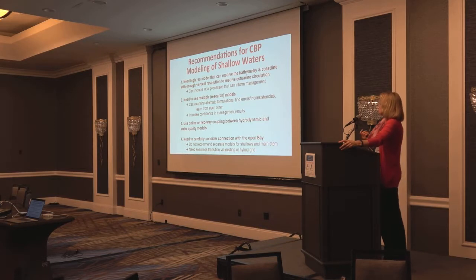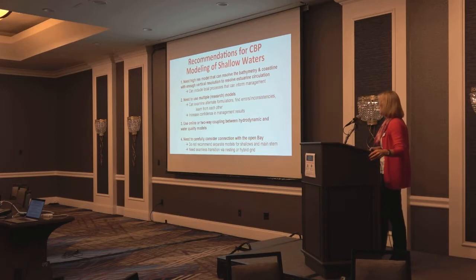Essentially, we need a high-resolution model that can resolve the bathymetry and the coastline well. It has enough vertical resolution to resolve the estuarine circulation all the way up into the upper tributaries. And there's another advantage too: if we have this high-resolution model, we can include the local processes that inform management on these scales.